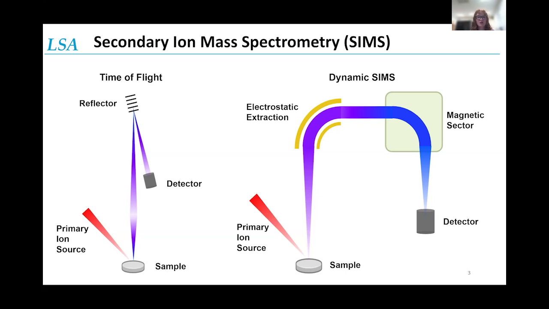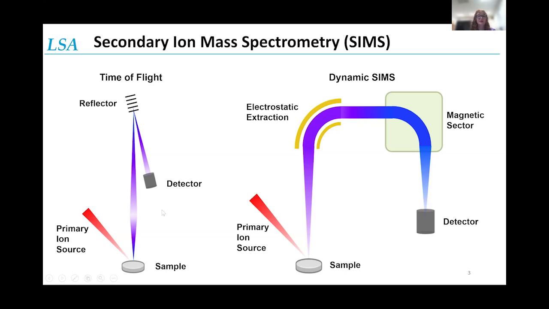This voltage across the sample creates an electric field which pushes the secondary ions from the sample through the secondary column to whichever form of extraction and detector is present on that machine.